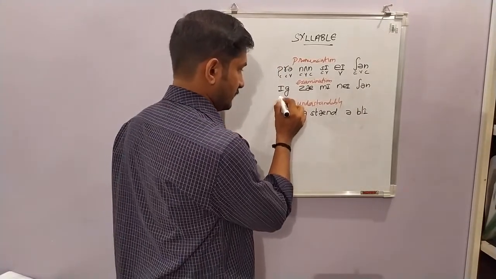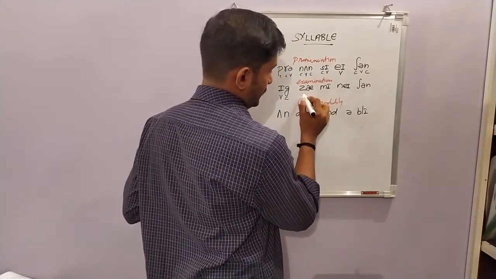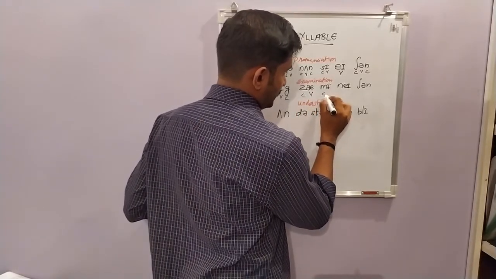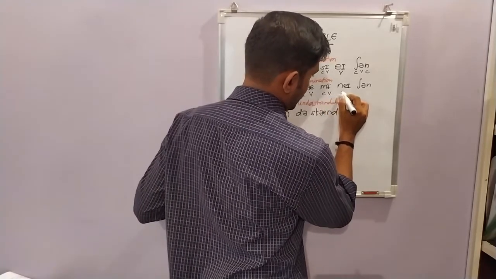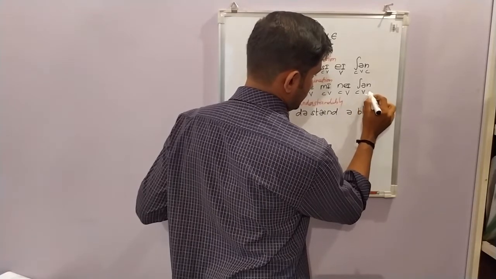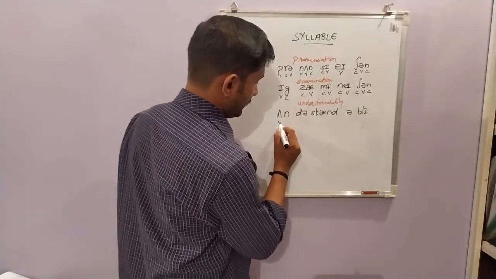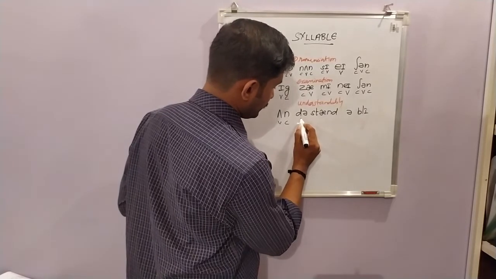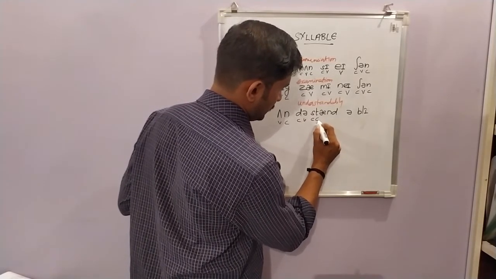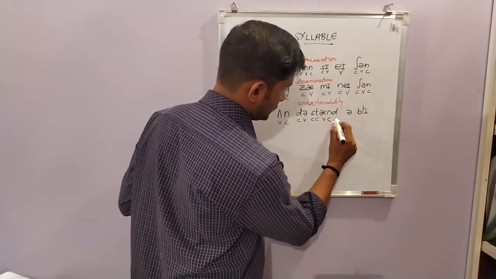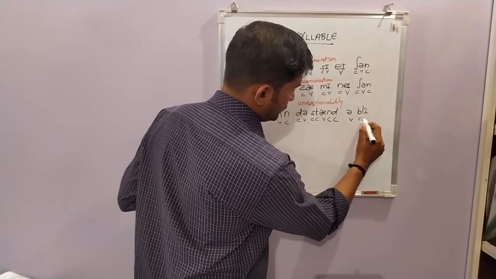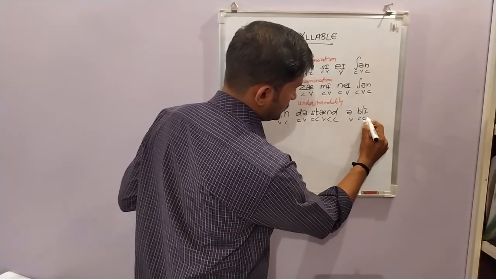Here a vowel sound and a consonant, and a vowel sound, again a consonant and a vowel sound, a consonant, and this one is a diphthong, a vowel sound, consonant, vowel, and consonant sound. Again vowel sound, a consonant sound. So a consonant sound and a vowel sound, consonant sound, vowel sound, consonant, and a consonant. This is a vowel sound, this one a consonant, again a consonant, and a vowel sound.